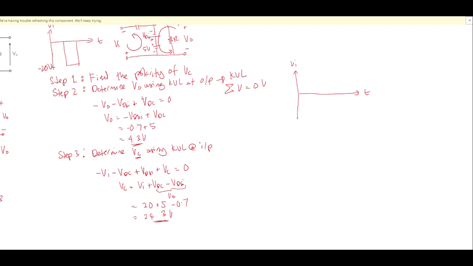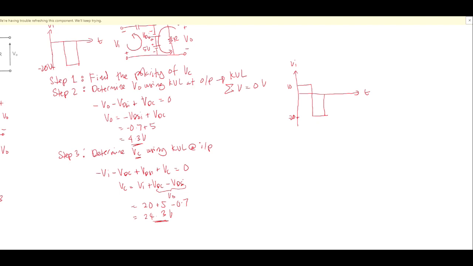At the positive half cycle, your input voltage is 10. Then at the negative half cycle, your input is negative 20. Right, this one is your input waveform.